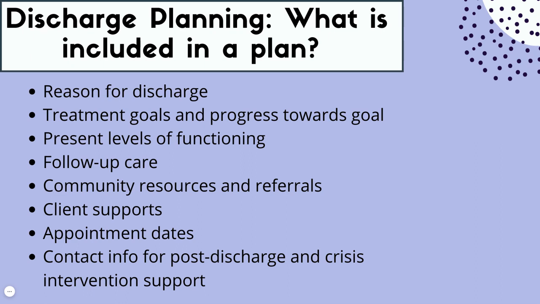And you always want to tell clients where, after hours, someone can be reached, and if they're in need of crisis or emergency support, the number that they can reach as well. So all this should be included in a plan, and you should be going over this with the patient before they leave your care. You want to make sure, similarly to when we're reading them consent, that they're informed and they understand what this means.